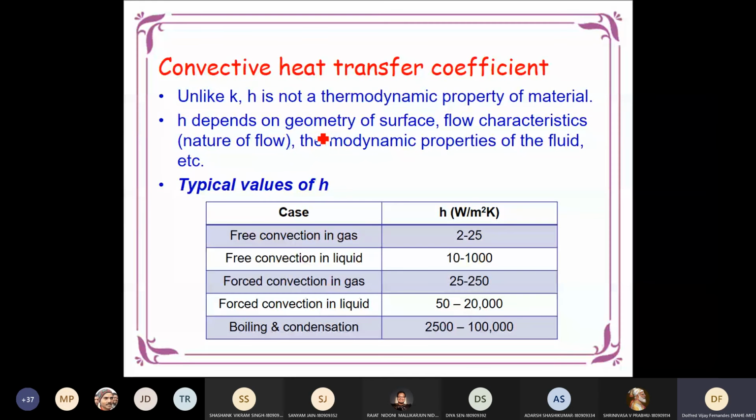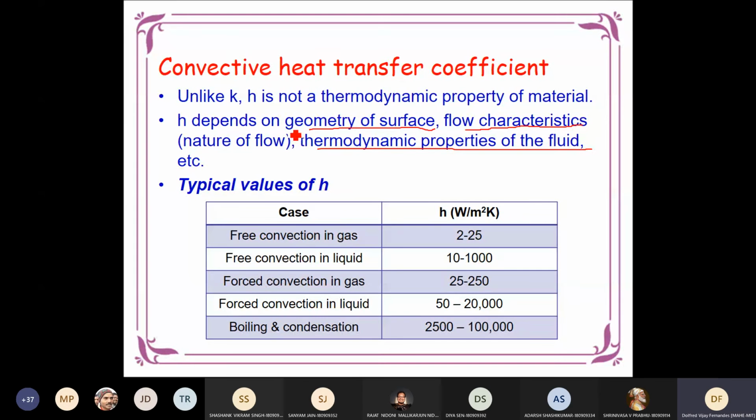It depends on the geometry of the surface, flow characteristics, and thermodynamic properties of the fluid. There may be some other small factors that influence the H value.